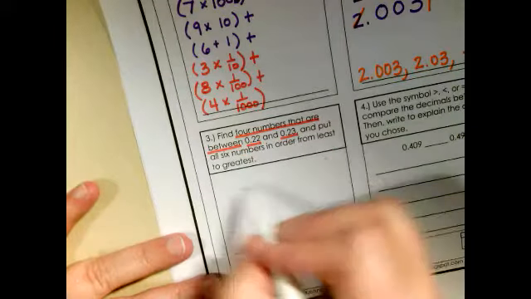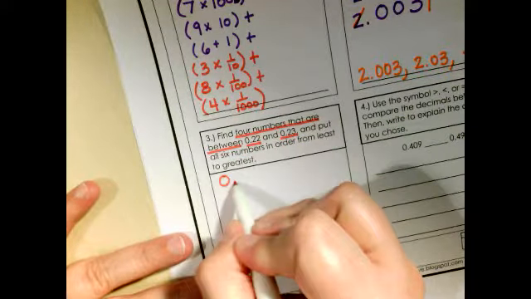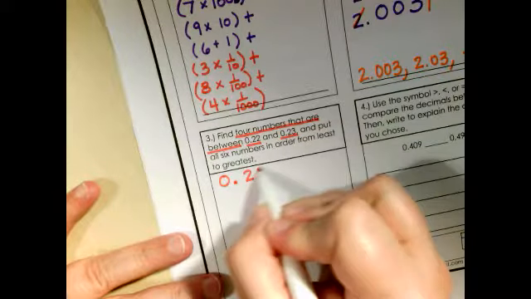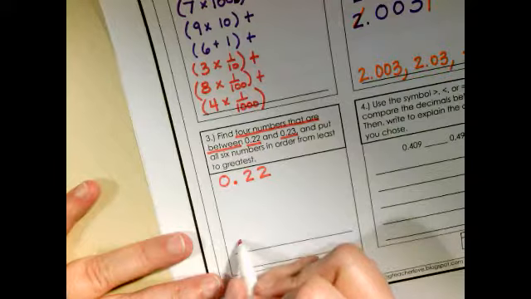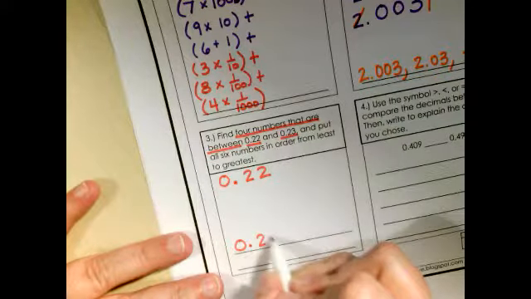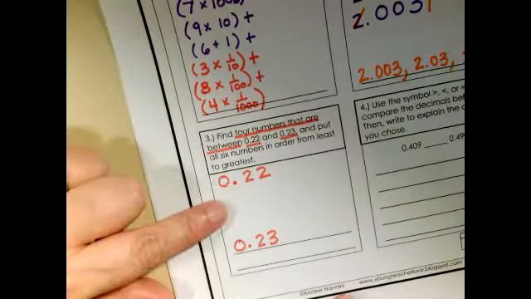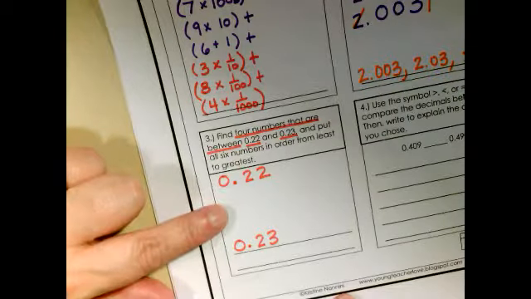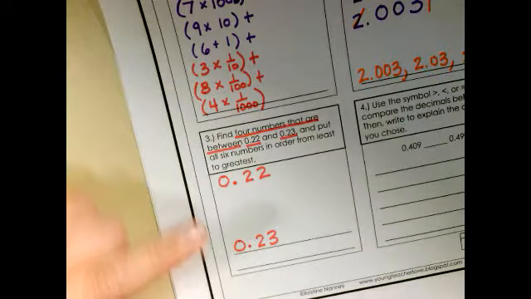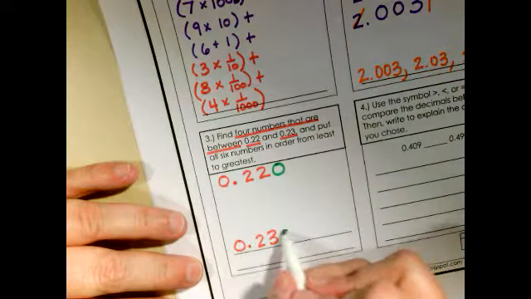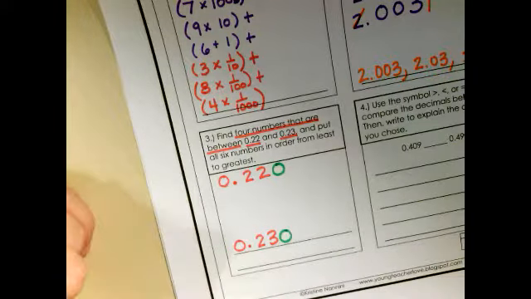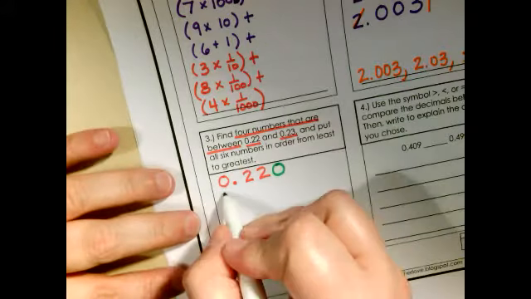Okay, so if this up here is 22 hundredths, and then this down here is 23 hundredths, what in the world could come in the middle of these? Watch this. Here's a trick. I'm going to add an extra 0 out to the end of this one and this one. That does not change the value at all. But look what I can do now.